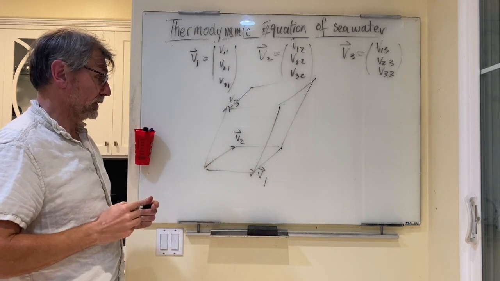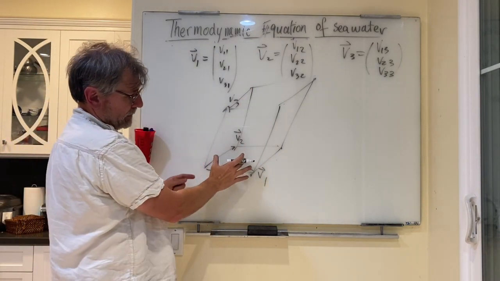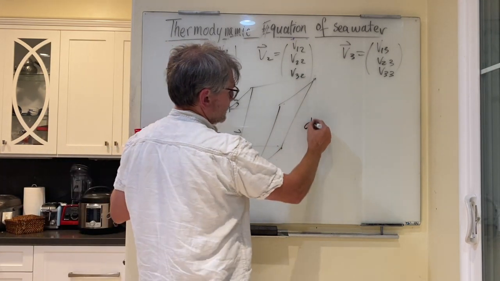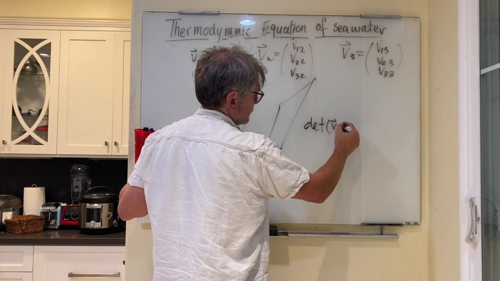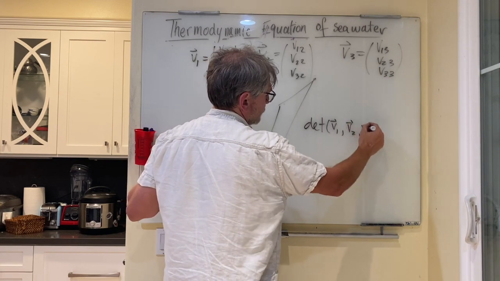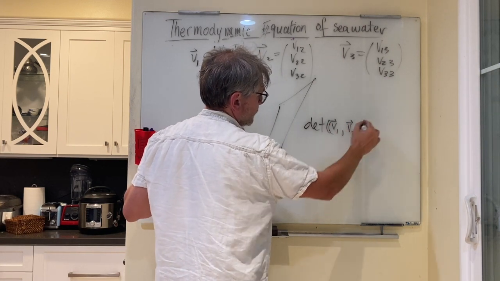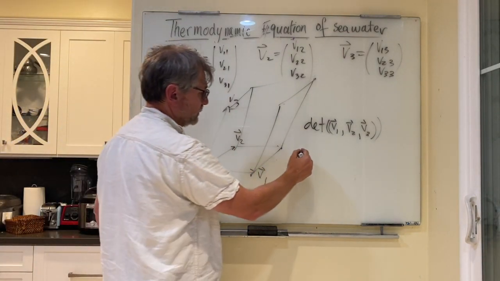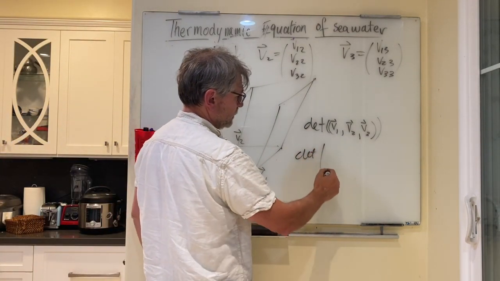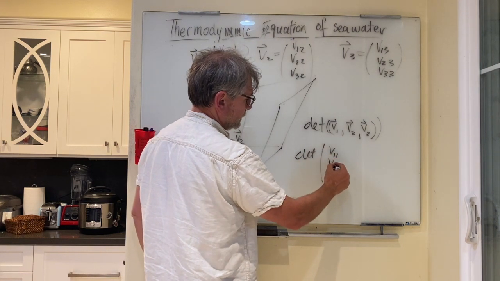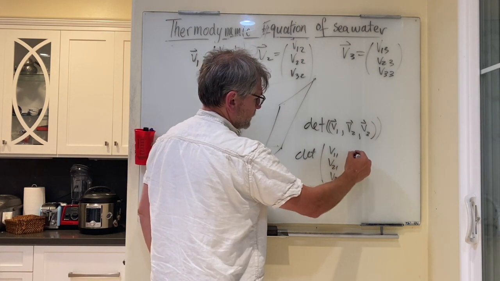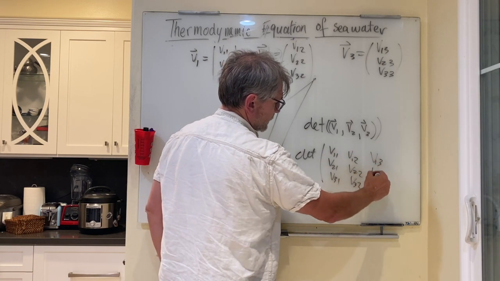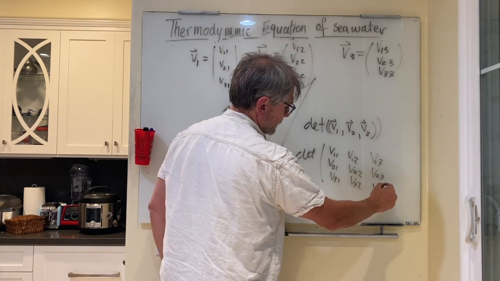The oriented volume of this prism is given by the determinant of v1, v2, v3. You take those three vectors and form a matrix, and then you get the determinant. So that's equal to the determinant of, now I'll put in the components for the matrix, v11, v21, v31, v12, v22, v32, v13, v23, v33.